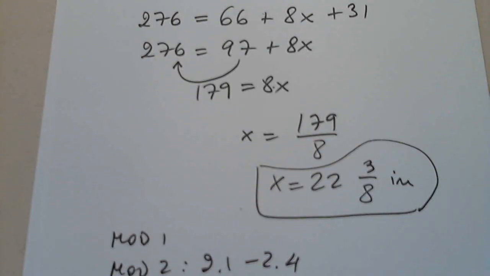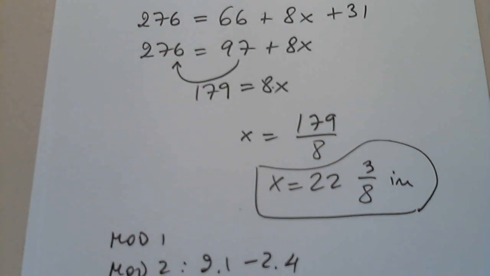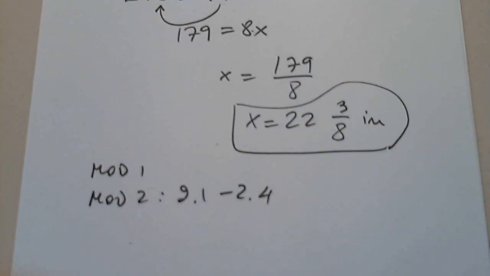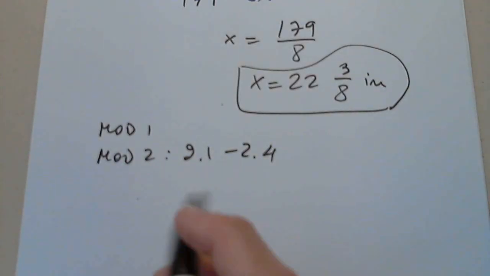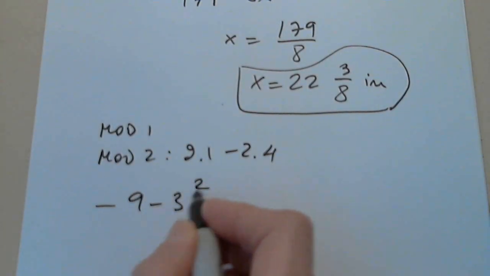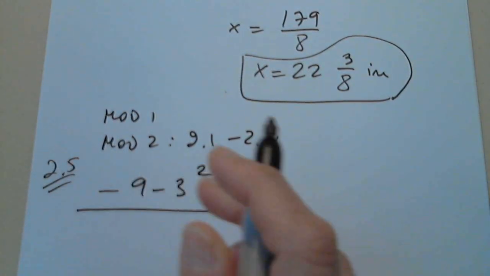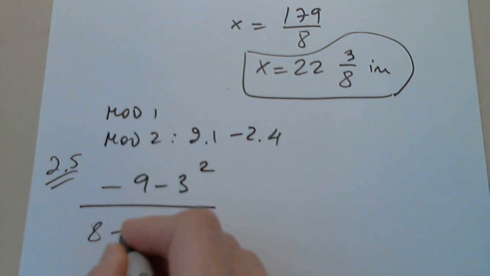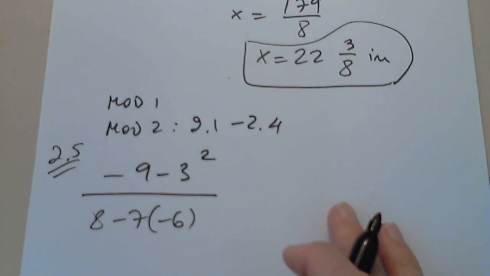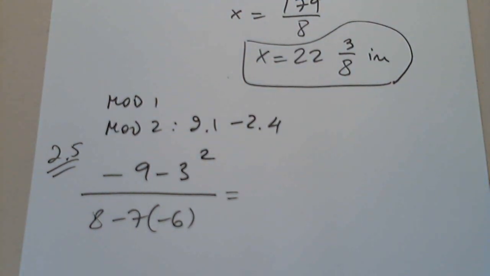Okay, so we do have a few more minutes left. So let's work on just one more. -9 minus 3 squared over, so this is from 2.5, over 8 minus 7, and in parentheses -6. Let's take 1 minute. This will be the last problem of the day.